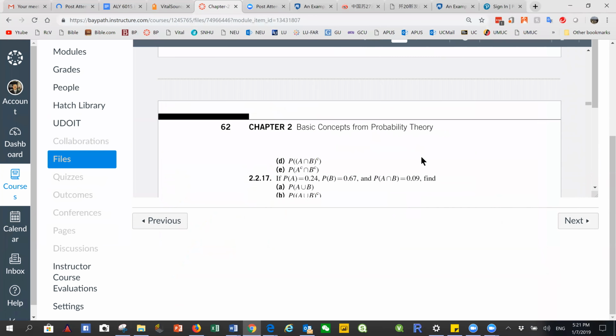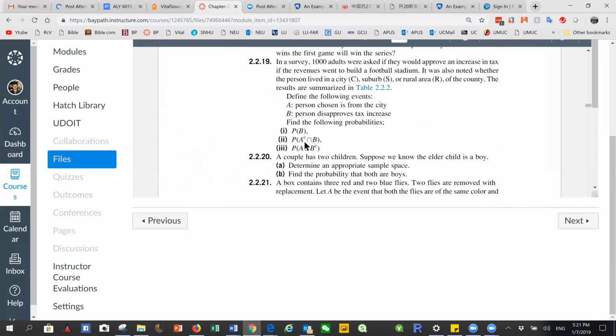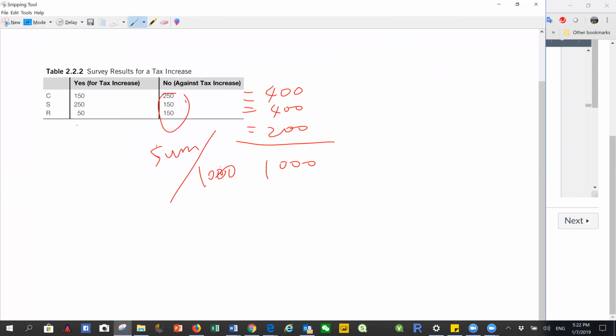And so forth. I think A, and then you can calculate A. A complement is what? A is from the city. So A complement means from the suburb and rural area. So if they are from the suburban or rural area, and they are also against the tax increase, so that means what?